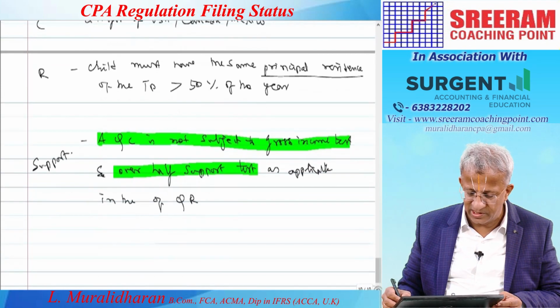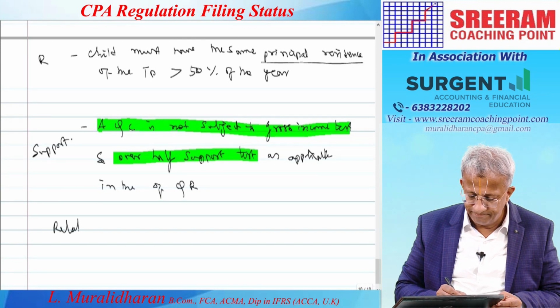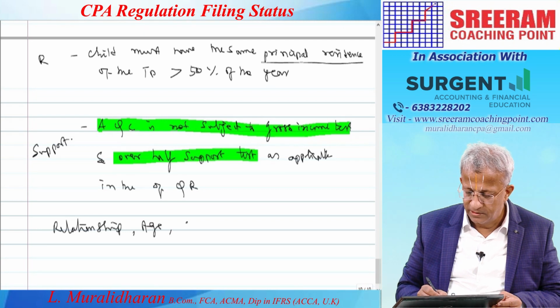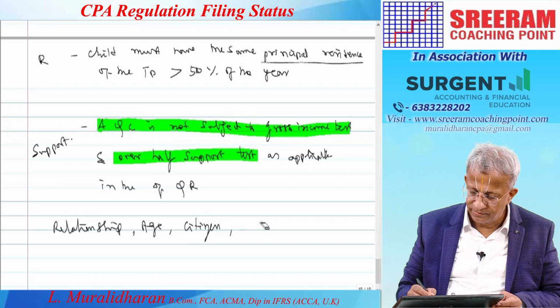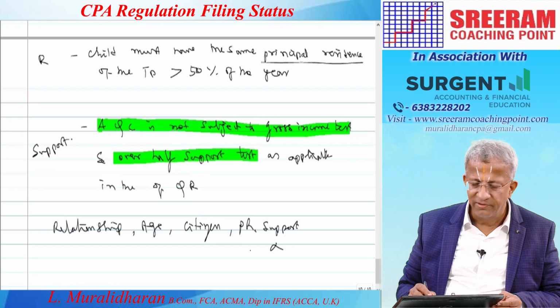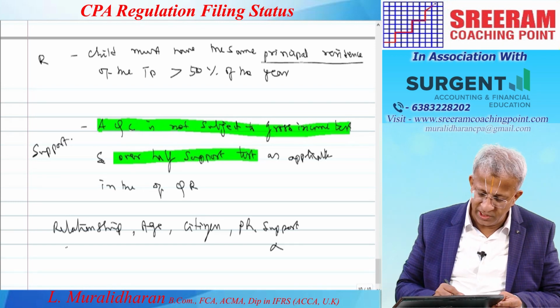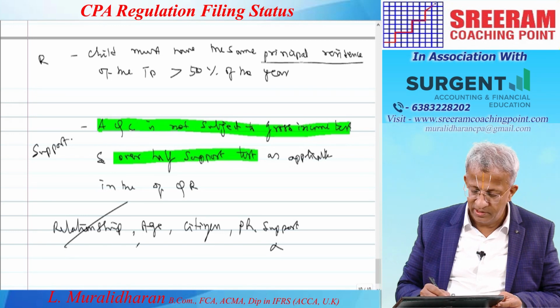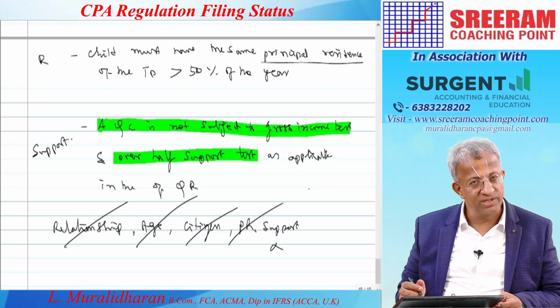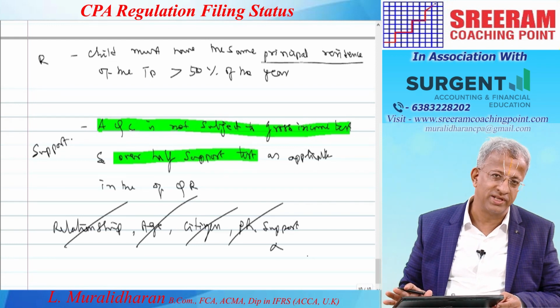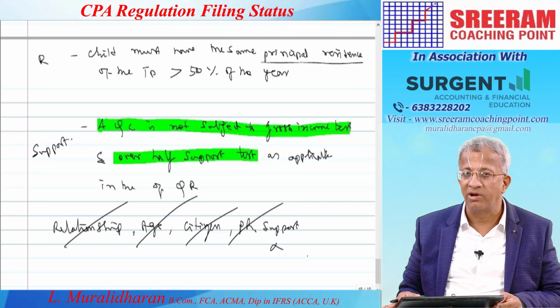So, we can summarize it this way: relationship, age, citizenship, principal residence, then lastly support. Support, for which a qualifying child will not have. Relationship, we have got it right, age we have got it right, citizenship we have got it right, and principal residence we got it right, and we do not have the support test applicable in the case of qualifying child.